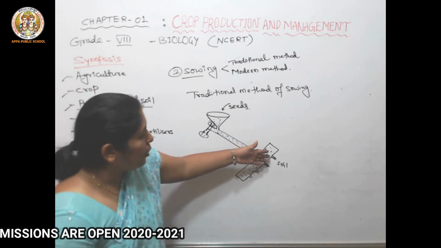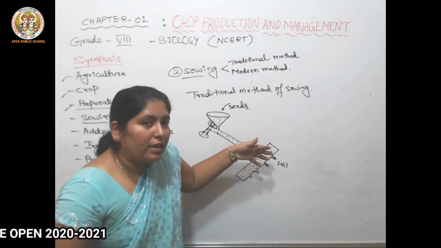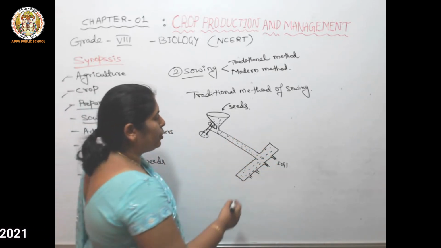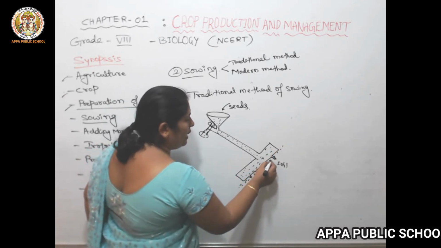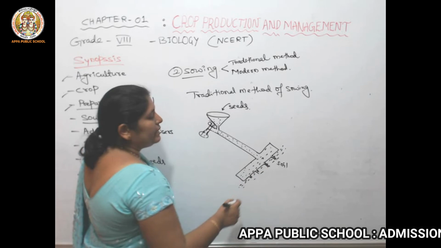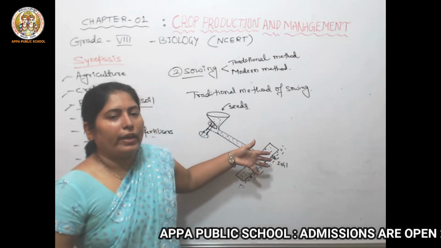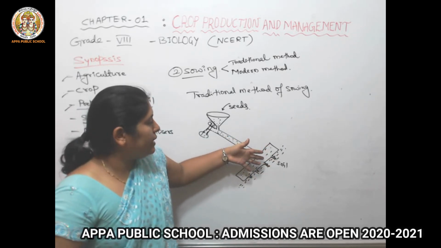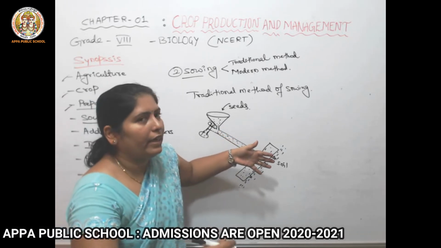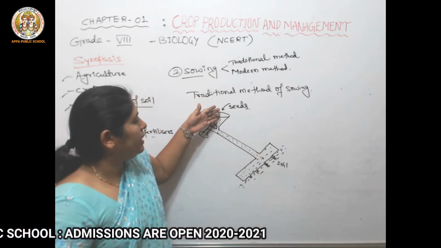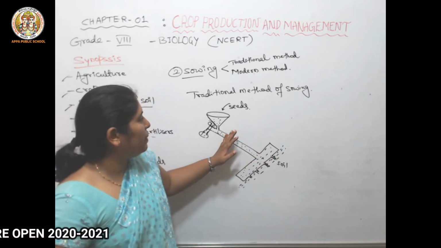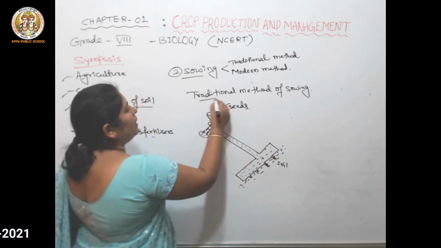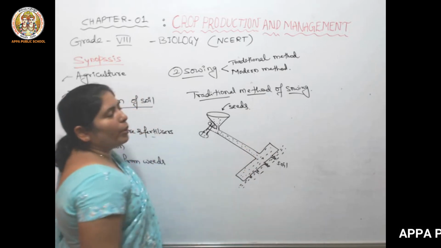These pointed structures are going to pierce the soil layer and enter inside it, and seeds are released inside the soil layer. Once it is done, then again they have to move a little bit forward, and again start the addition of the seeds, and this will be released to the soil. This is completely about the traditional method of sowing.